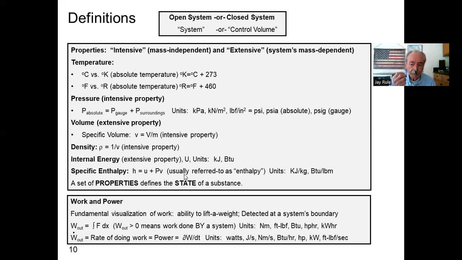There have been a number of tricky problems where you've had to remember the definition of enthalpy, where you've had a PV term to worry about. We engineers call H, which I think technically is the specific enthalpy, we just call it the enthalpy as a shortcut. Remember that the state of a substance is defined by two independent properties. So a set of properties, two of them at a minimum, defines the state.